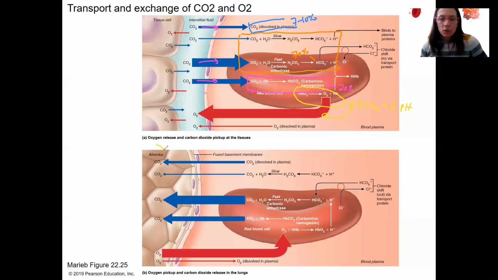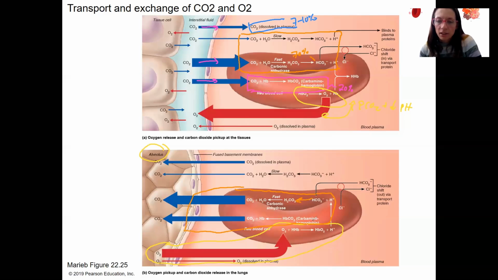Then in the alveoli, the opposite's happening. We've got oxygen loading, and that's facilitated by no longer having a Bohr effect. And then for carbon dioxide, carbonic anhydrase carries out the reversed reaction, right?